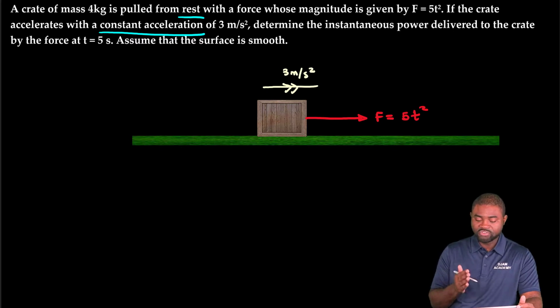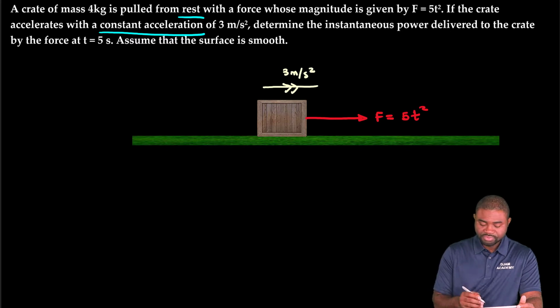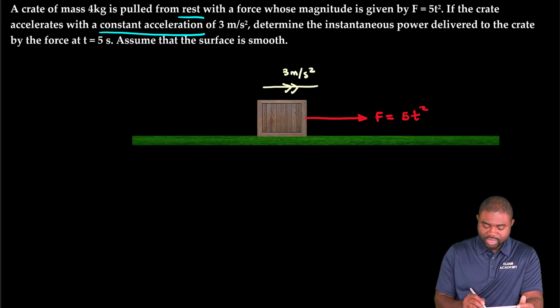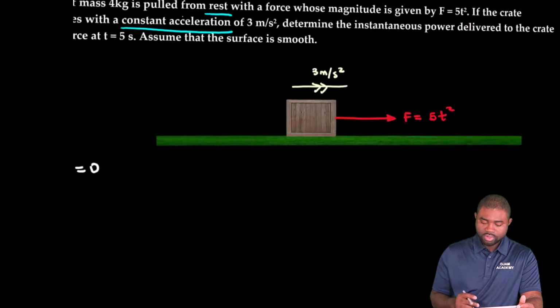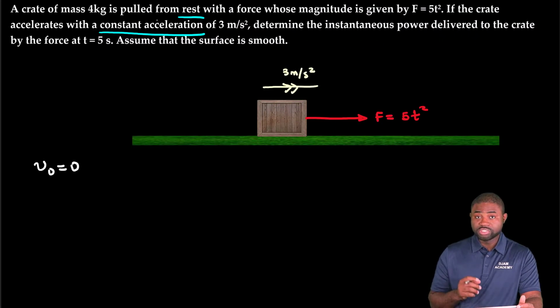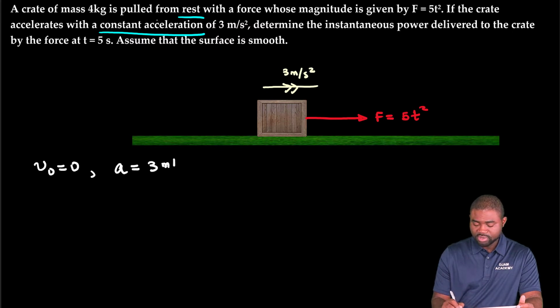Remember, the crate is being pulled from rest, which implies that the initial velocity is 0. The acceleration of the crate is constant. The acceleration of the crate is equal to 3 meters per second squared.